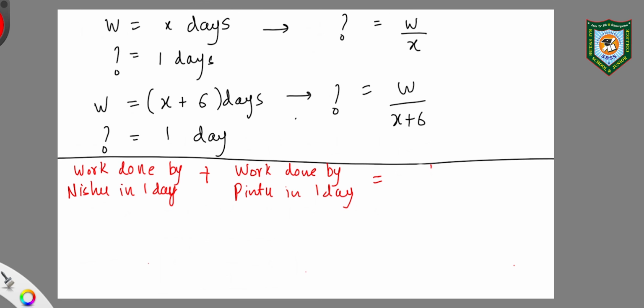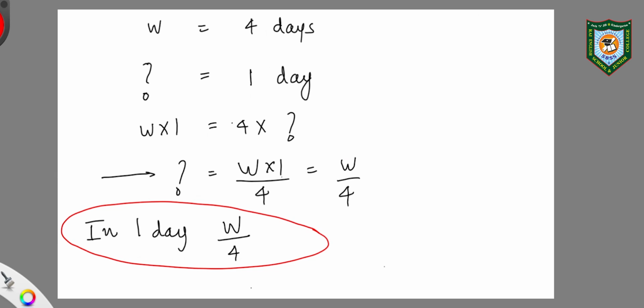This is equals to W divided by 4, because as we saw in the last slide, when they work together they take 4 days to complete the work, and in 1 day they'll complete W divided by 4 work.